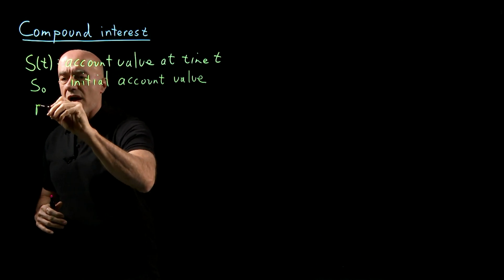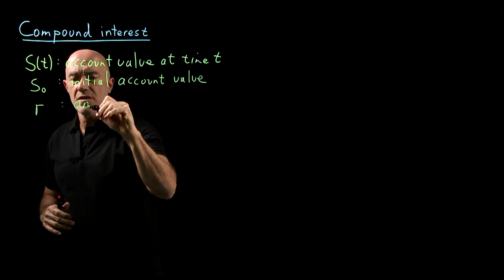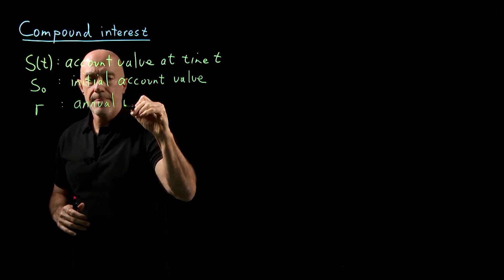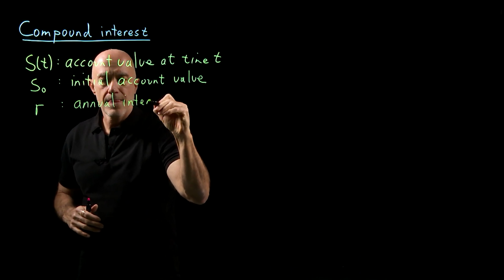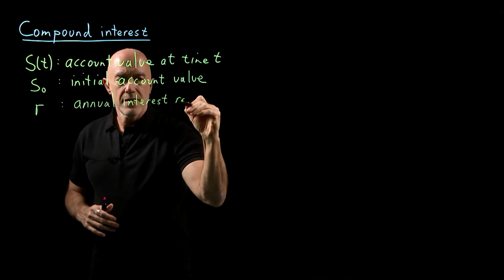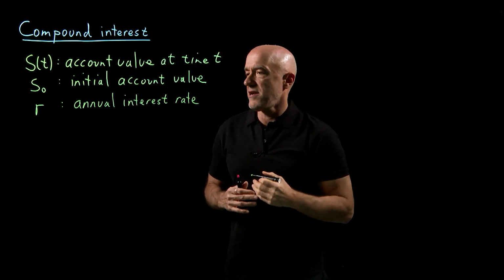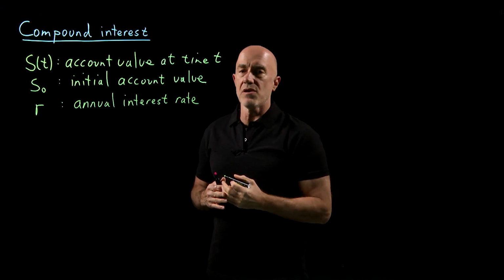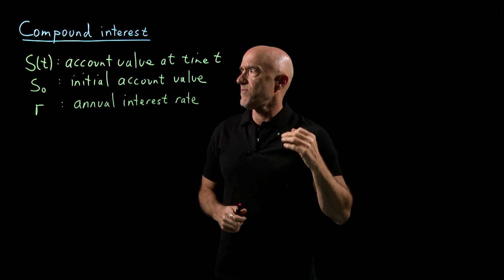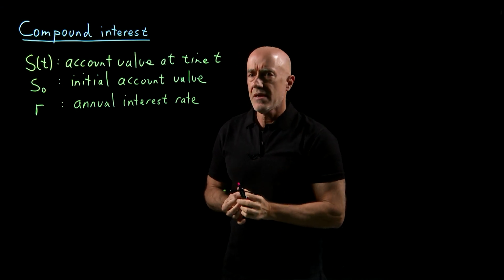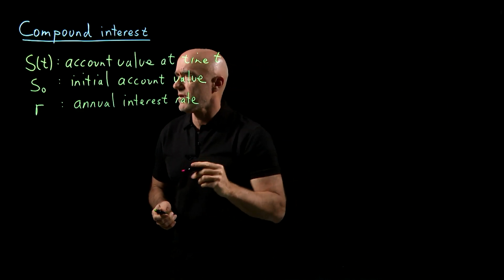And let's say R then is the annual interest rate. In a bank account, it's actually interest. In an investment, it's your annual rate of return from your investment. So let's see how compounding works.